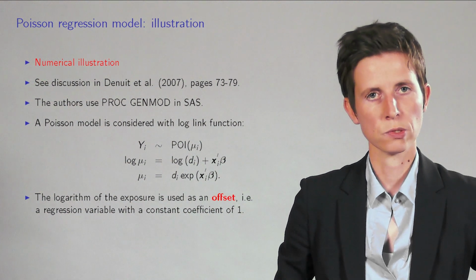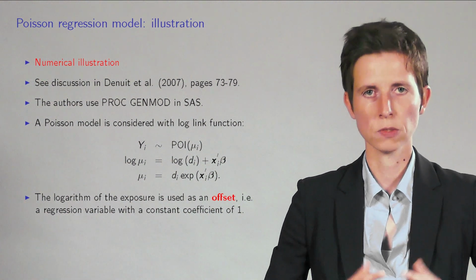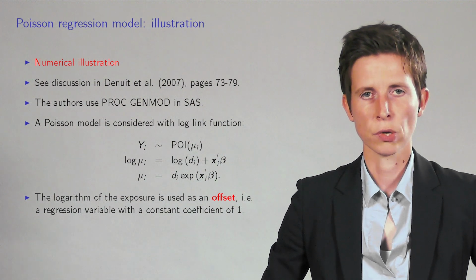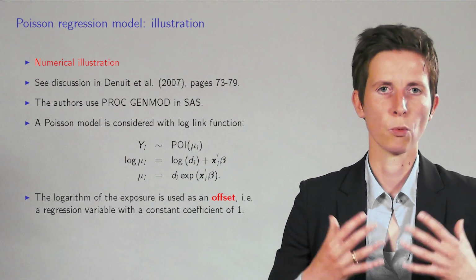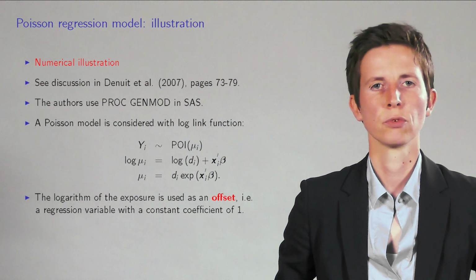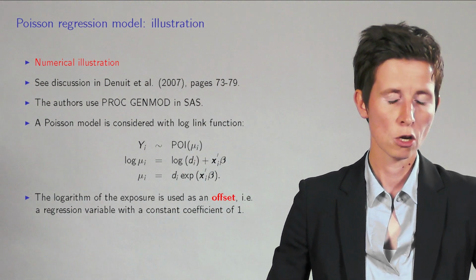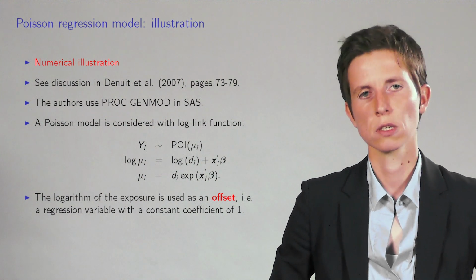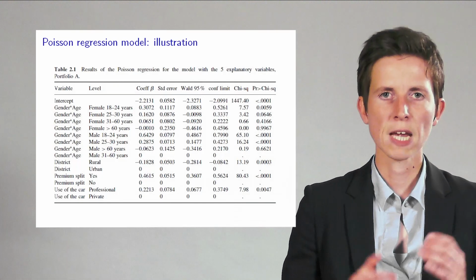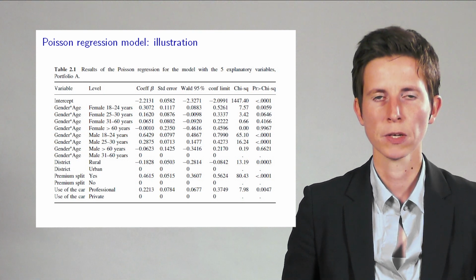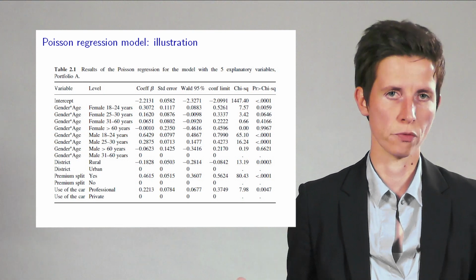And we will now discuss some of the output obtained with this particular software package. So here is the specification of the Poisson regression model for the number of claims reported by policyholder i during his period of exposure, d_i. Now, the table on the sheet shows us the results of the Poisson regression model using the following set of covariates.